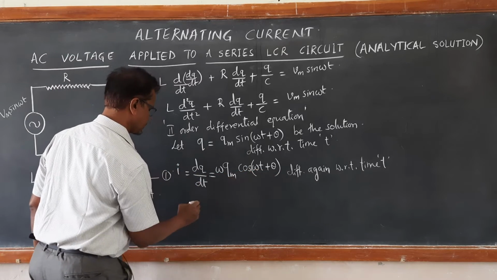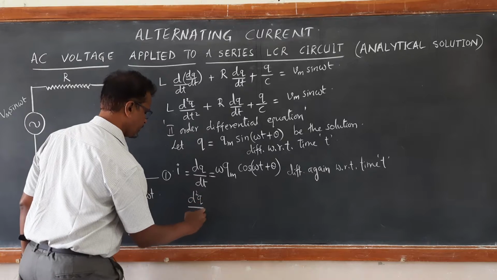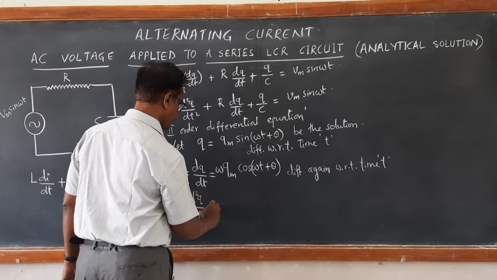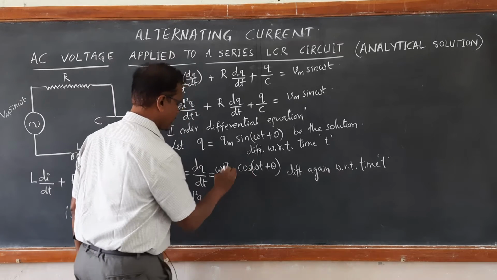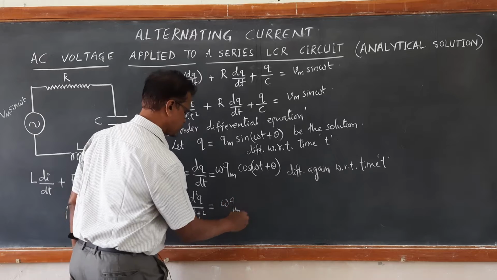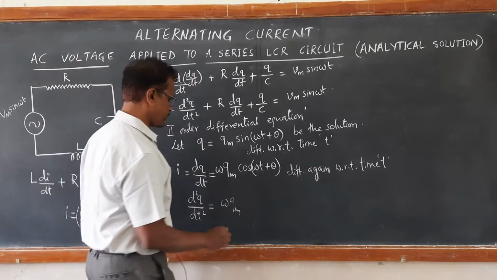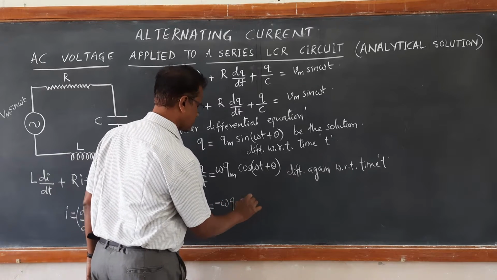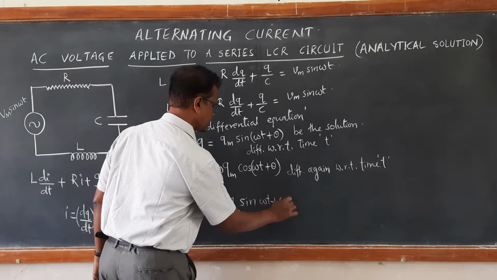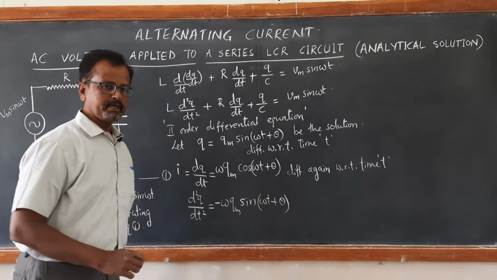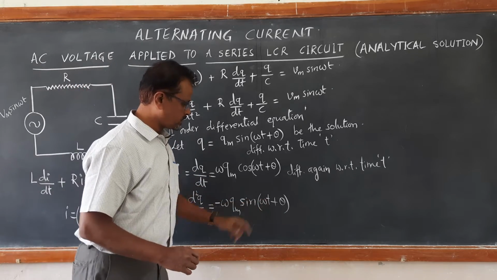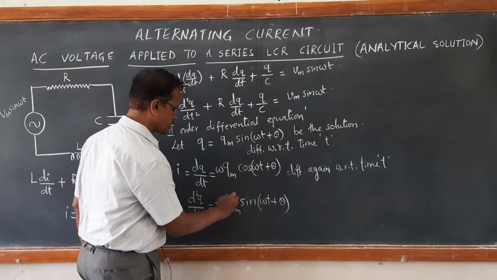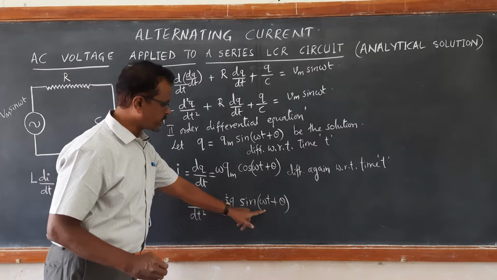So d square q by dt square equals omega Qm as it is. Differentiation of cos becomes minus, so I am writing minus omega Qm sin omega t plus theta, and again differentiating omega t gives the coefficient omega. This omega multiplied by omega gives omega square. So minus omega square Qm sin omega t plus theta.